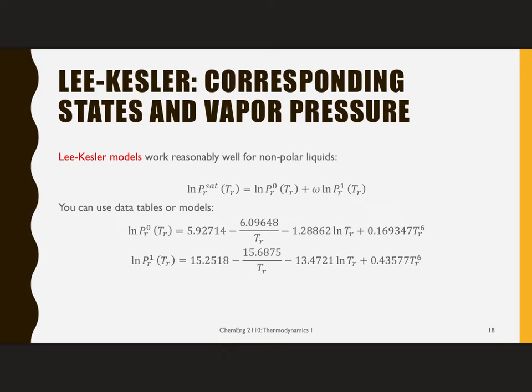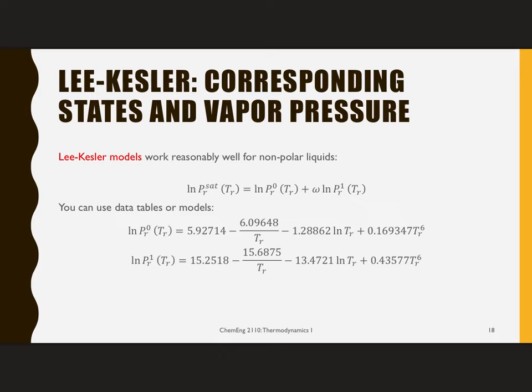There are formulas, and those are shown here. For the log of PR0, it's 5.92714 minus 6.09648 over TR minus 1.28862 times the log of TR plus 0.169347 times TR to the 6th power.